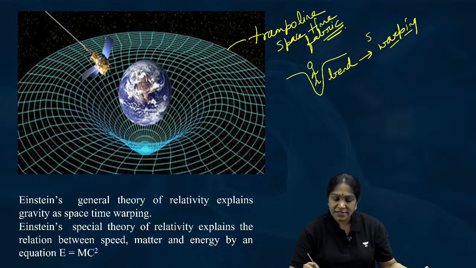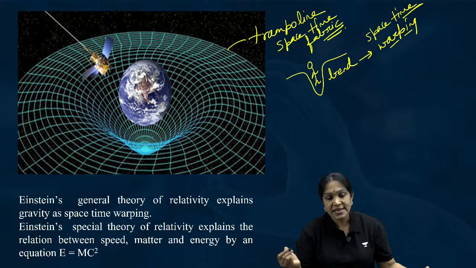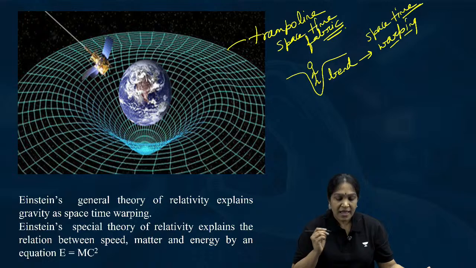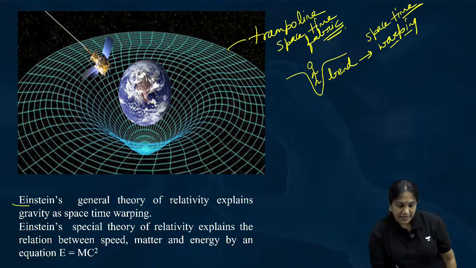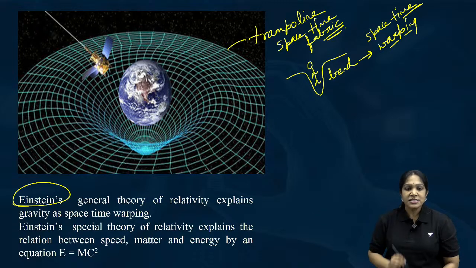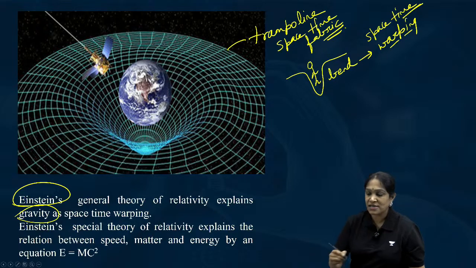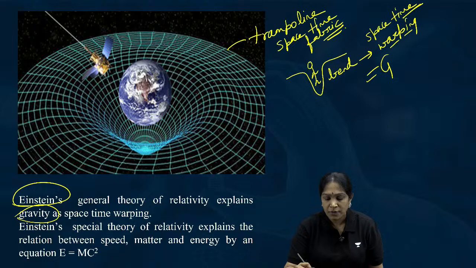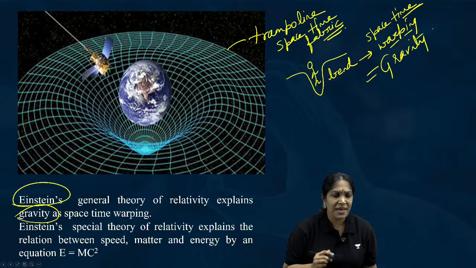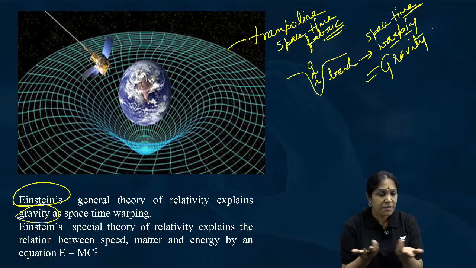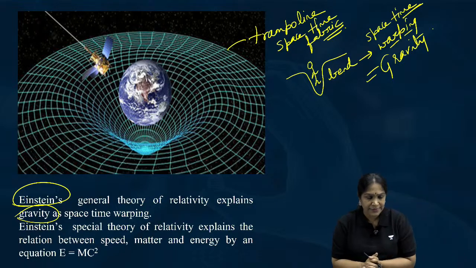That is called space-time warping. According to Einstein, this space-time warping explains gravity. This space-time warping is equal to gravity. What do I mean by this? Space-time warping means gravity, means what? How to relate this?